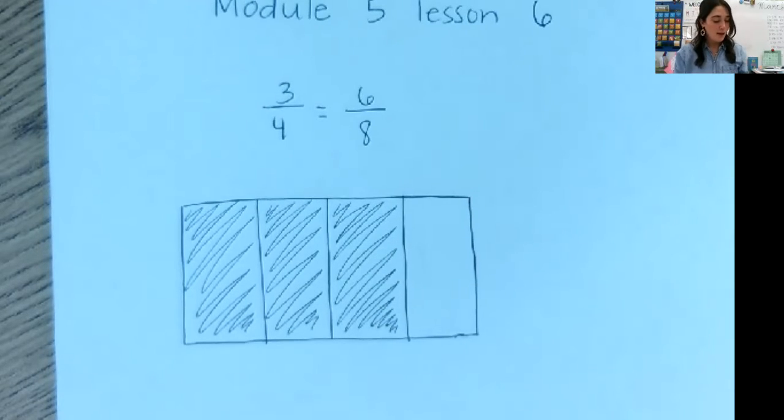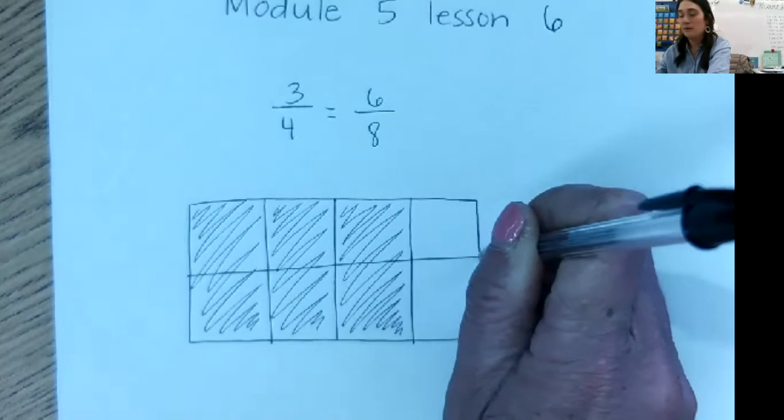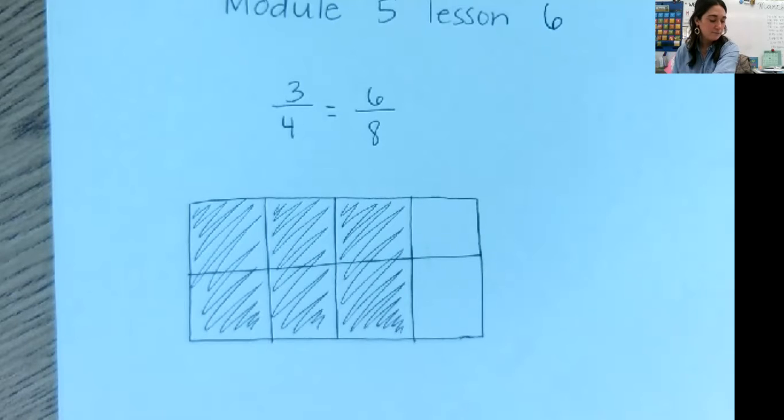Okay, and now I would like us to see, well, how can I show eighths? I need to split my area model into halves.